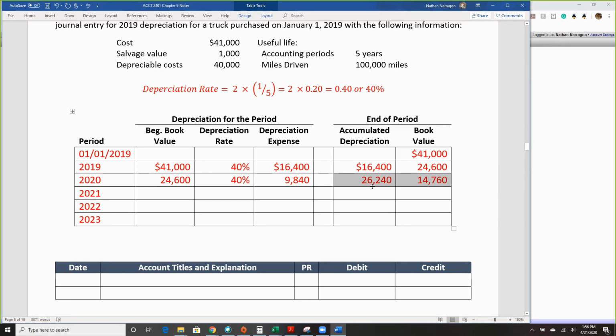This should be our balance. And book value is going to decrease. So again, same thing. So we'll have our accumulated depreciation of $32,144, and then subtract out, and we're down to $8,856 of book value.